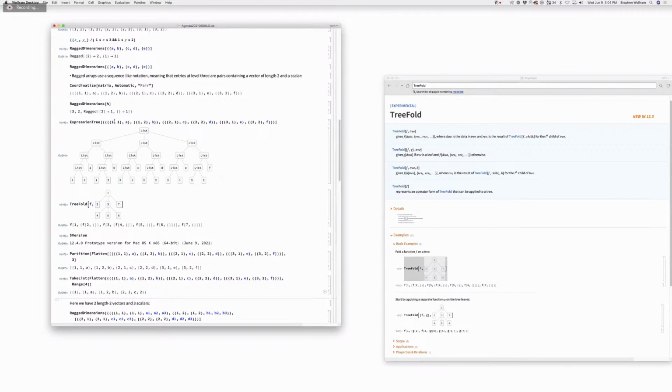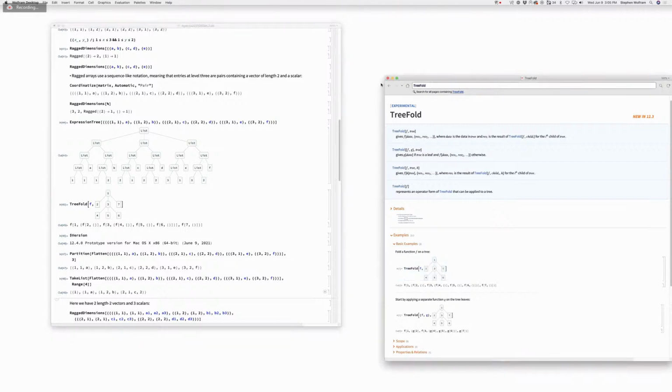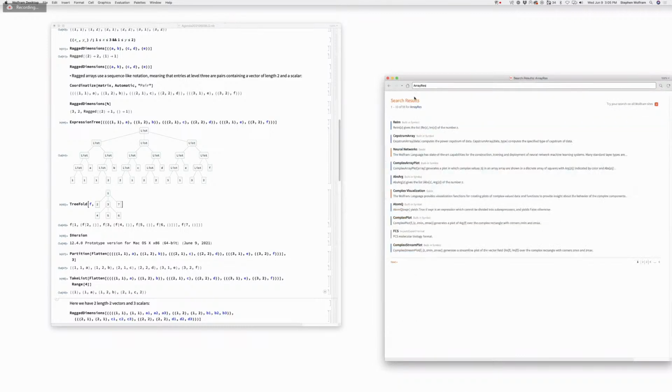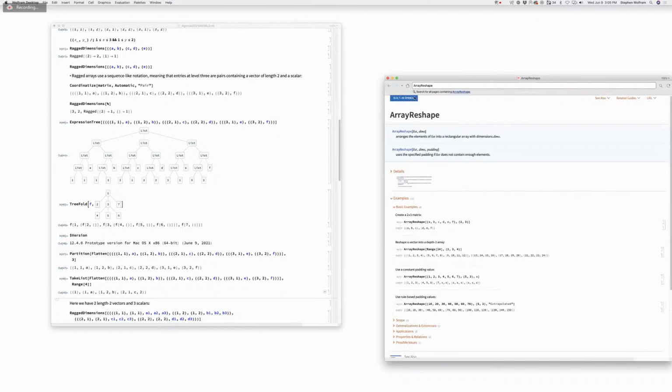No, that's the power of this. This is something new that at the moment we cannot do with anything else. That's what ListReshape does. But what's the relationship to ArrayReshape? ListReshape is ArrayReshape when the dimensions are regular.